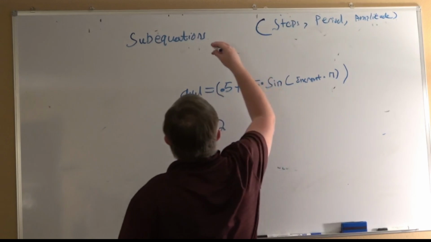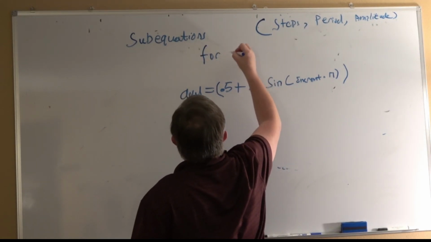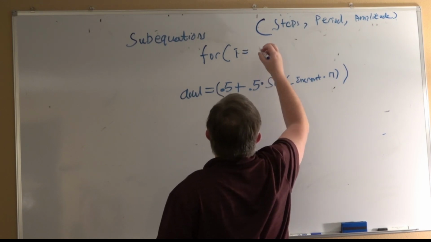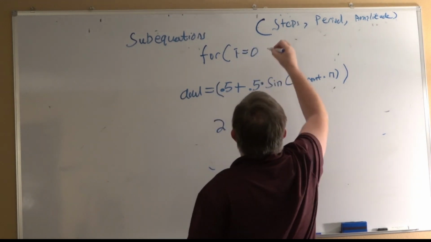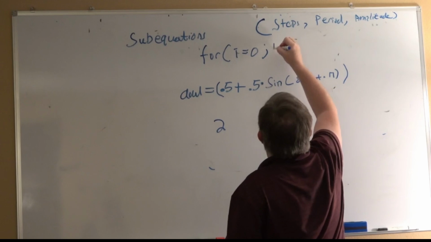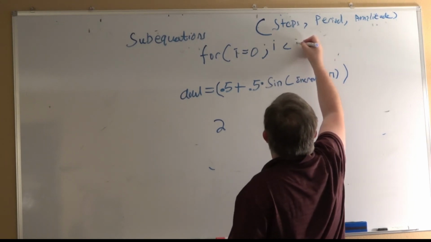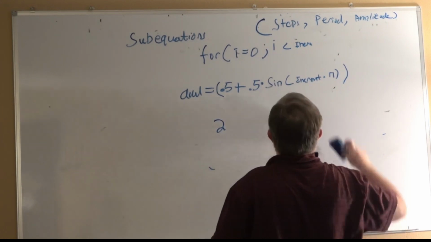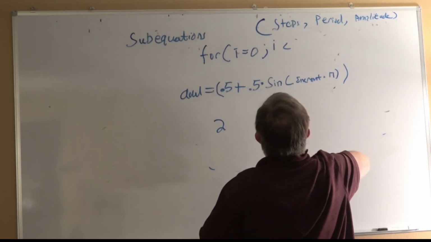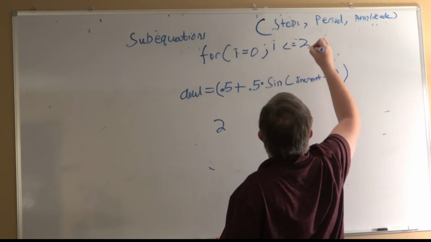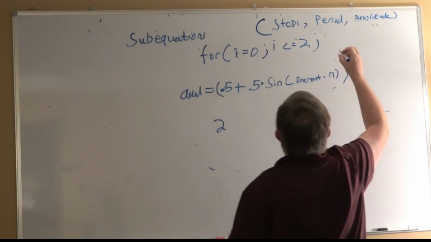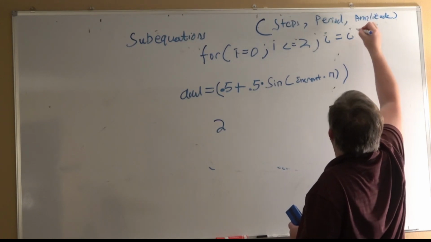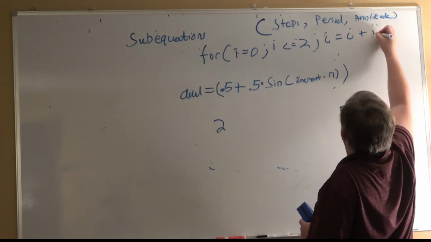So there's a for loop here: for I equals 0, if I is less than or equal to 2, then I equals I plus increment.